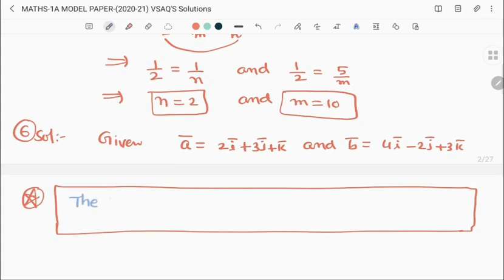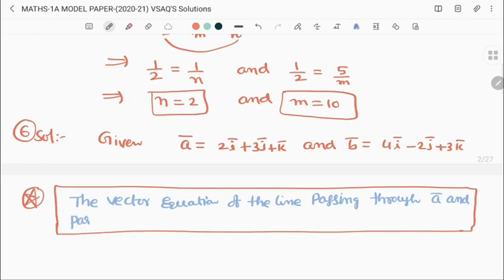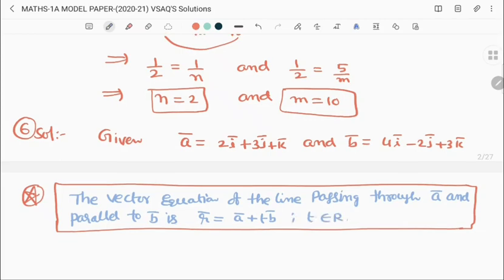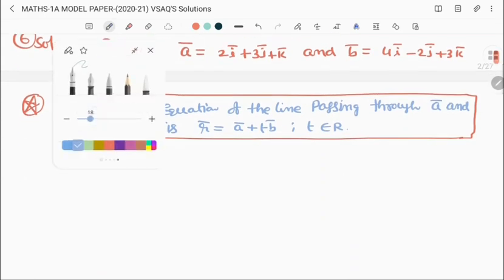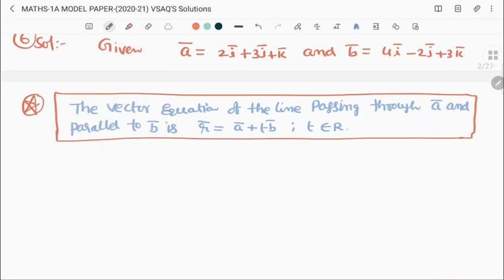The vector equation of the line passing through a bar and parallel to b bar is r bar equal to a bar plus t b bar, where t belongs to R. This is the formula we are going to apply to get the answer. That's all. So now the required answer.